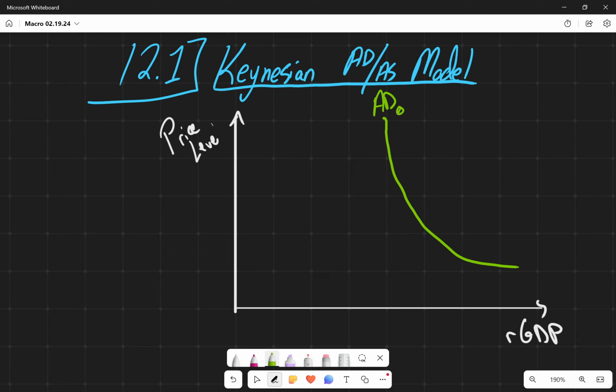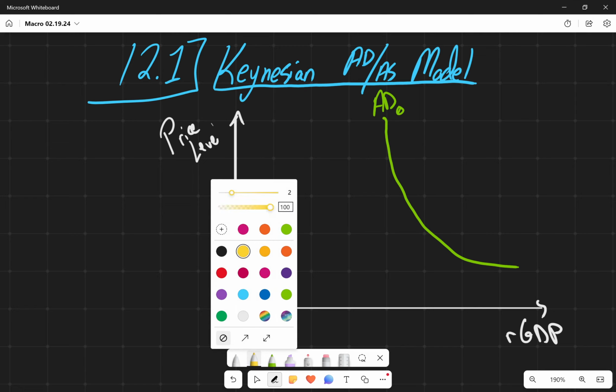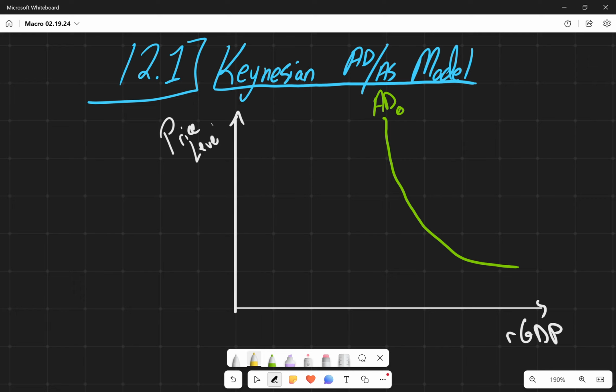And you guessed it, there's going to be an aggregate demand 1 that's going to hit the graph in a second here. All right. Now let's deal with the wrench we're going to throw in the works here, right?